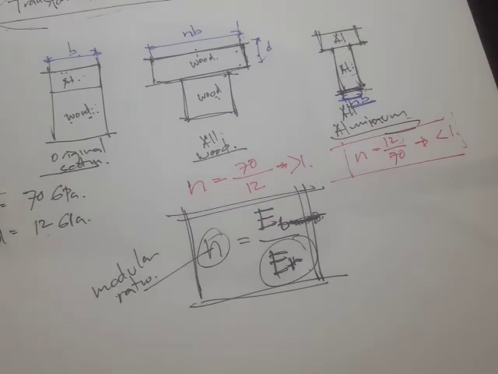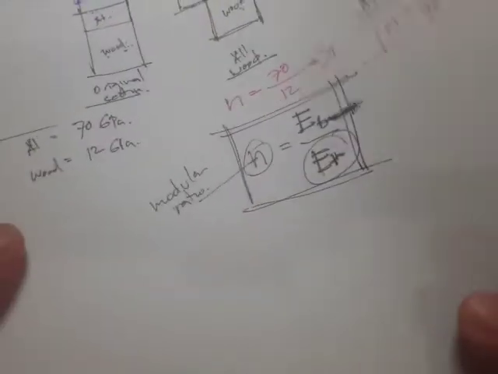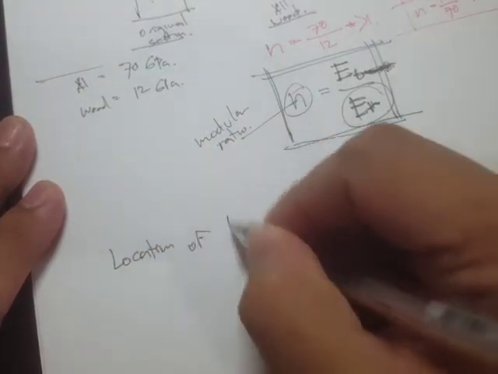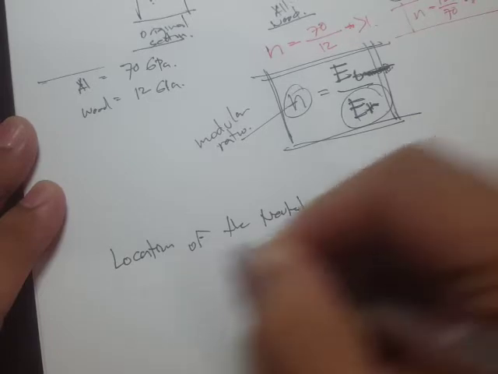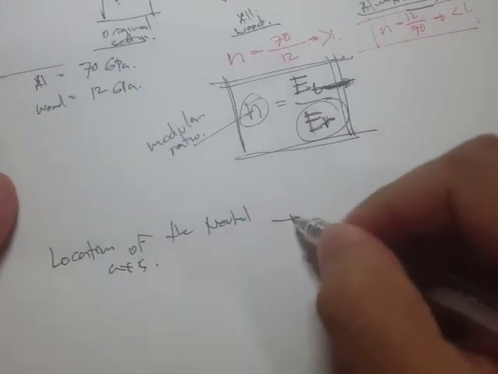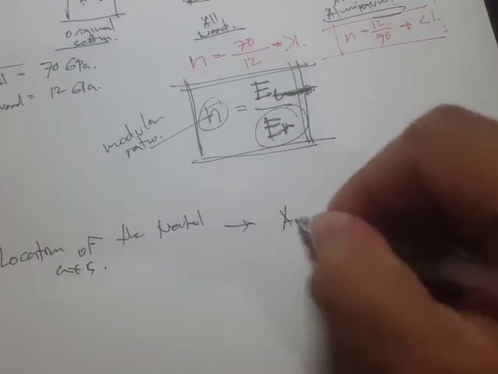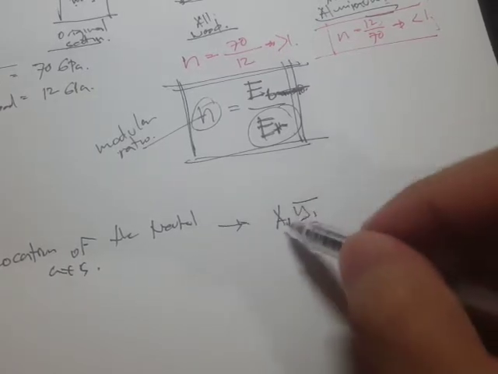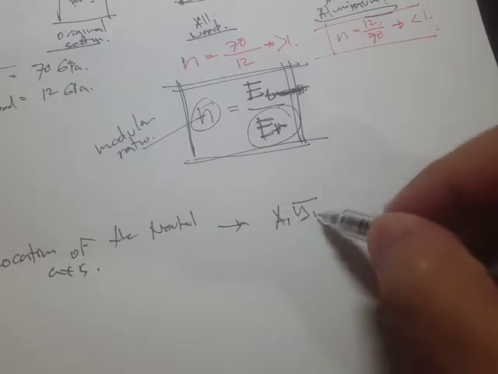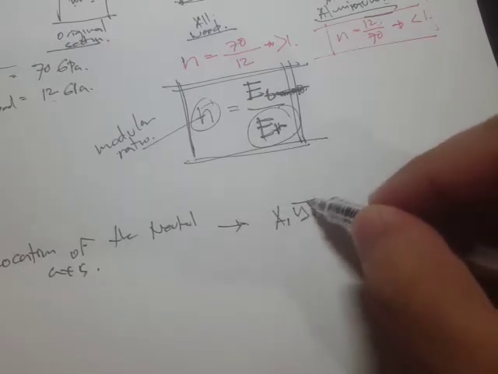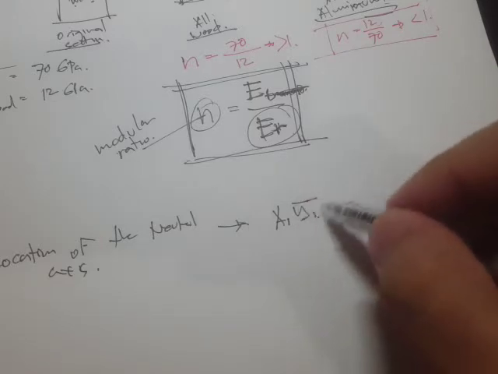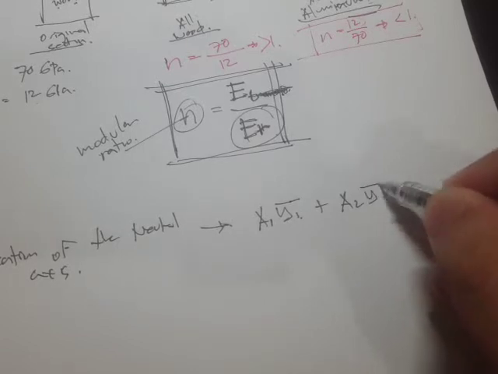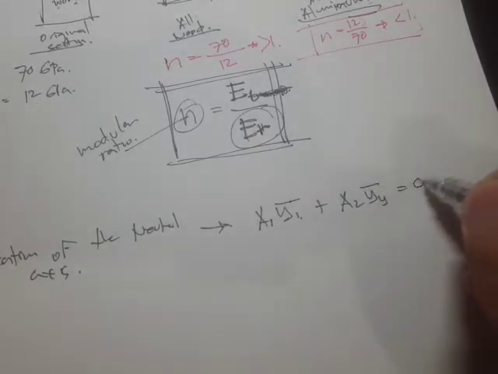Okay, so the next equation that we need is the location of the neutral axis. The location of the neutral axis can be obtained by using this equation: the area A1 times the distance y1 from the neutral axis to the centroid of that concerned area, plus A2 times the distance y2, is equal to 0.